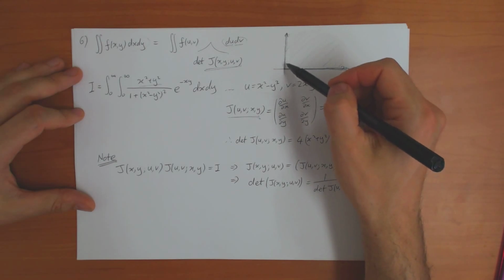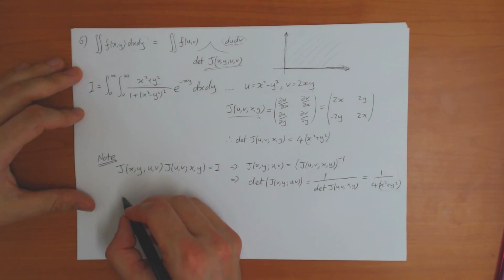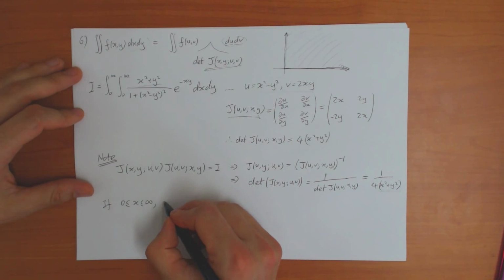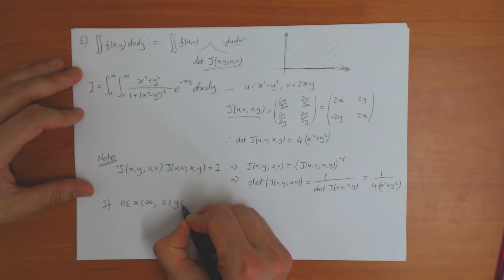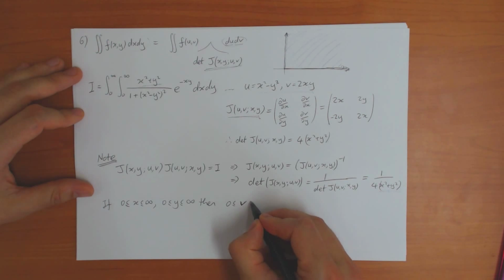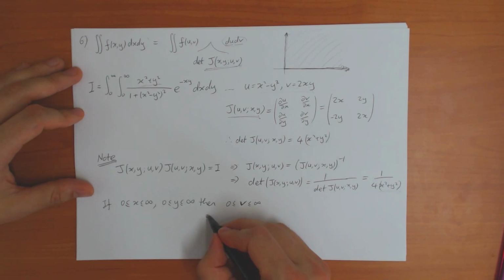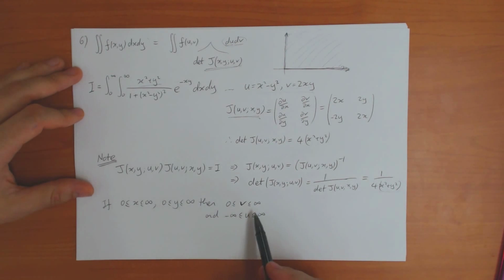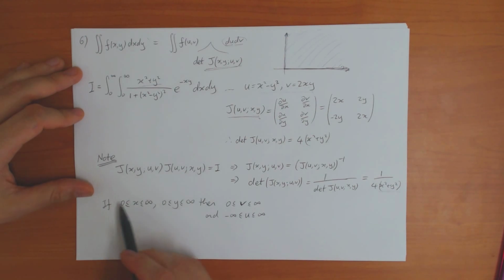And therefore, if x goes between 0 and infinity, and y goes between 0 and infinity, then that's the same as taking v between 0 and infinity and u between minus infinity and infinity. You can check there's a one-to-one correspondence between points here and points here.